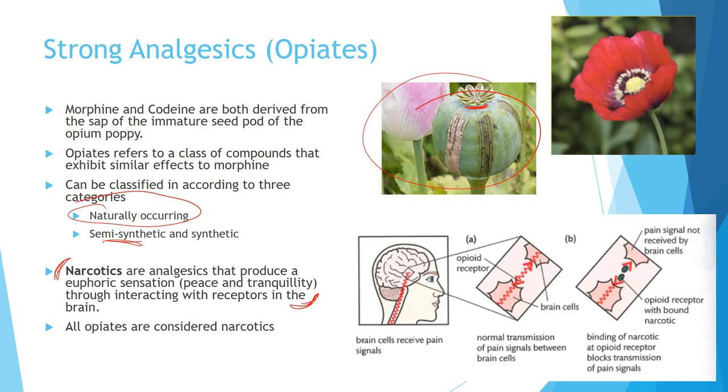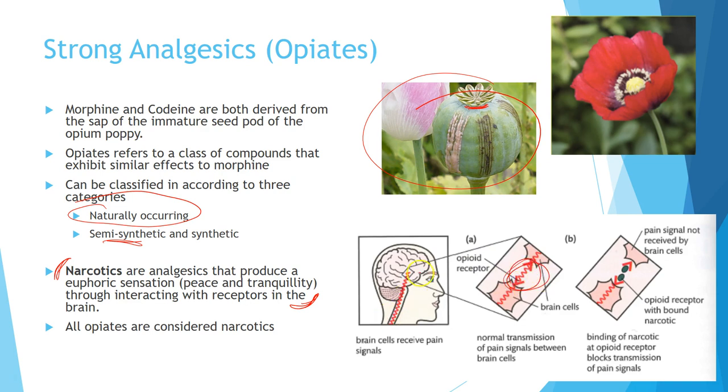As we mentioned previously with our non-steroidal anti-inflammatories such as aspirin, they work at the site of the pain, interrupting the pain signals from the nociceptors and sending that signal to the brain. Our opiates, however, are going to act on opioid receptors in the brain cells.